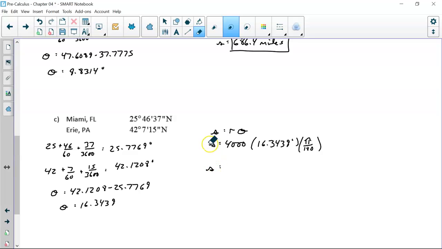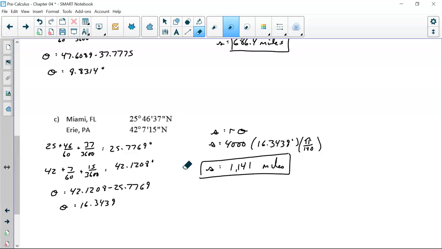And when we multiply that, we're going to get about 1,141 miles. From Miami to Erie. And what's kind of cool, if you check using Google Maps, you'll find out that these are actually pretty accurate values.